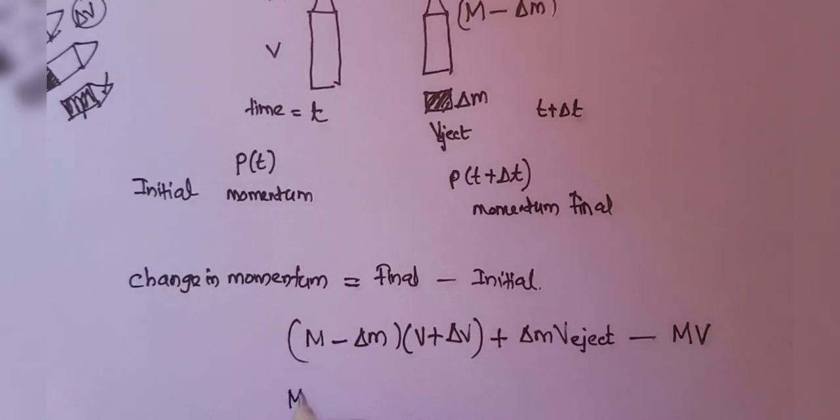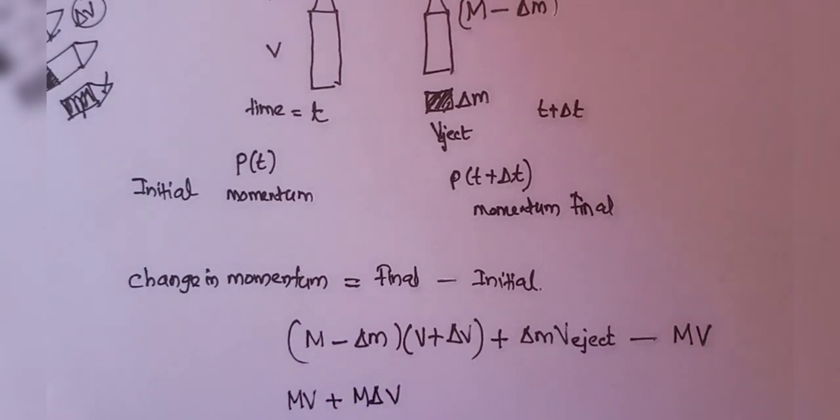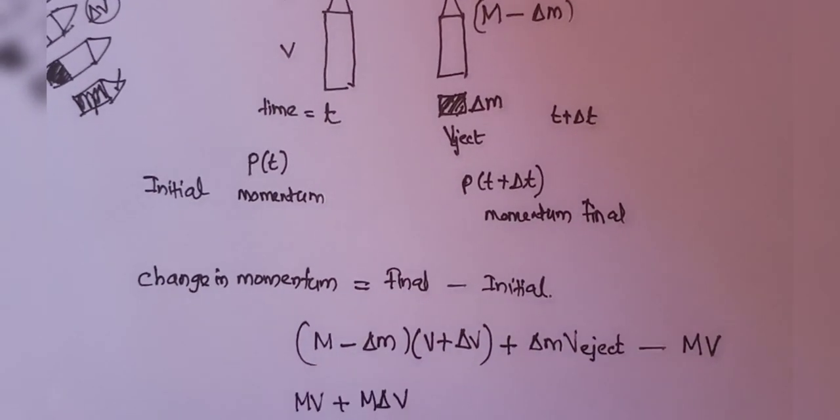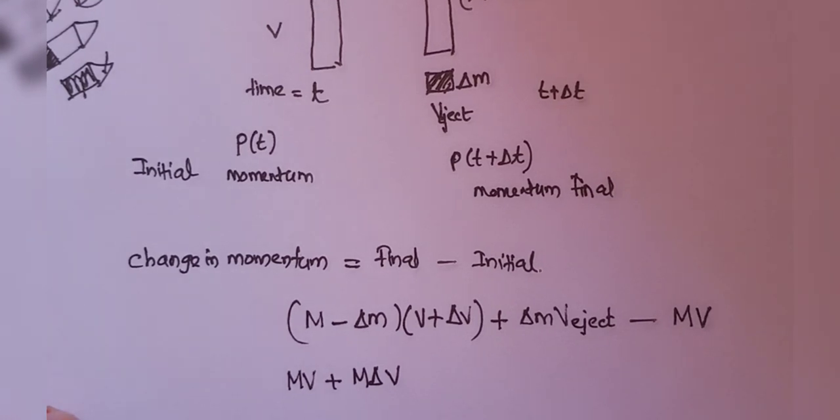So we have m into v, plus m times delta v. So the m terms we have done over here, right? So mv plus m delta v.